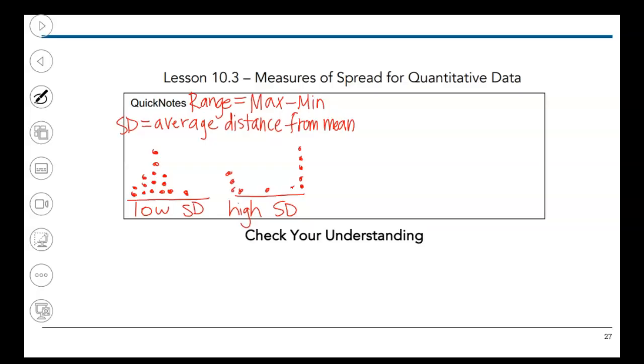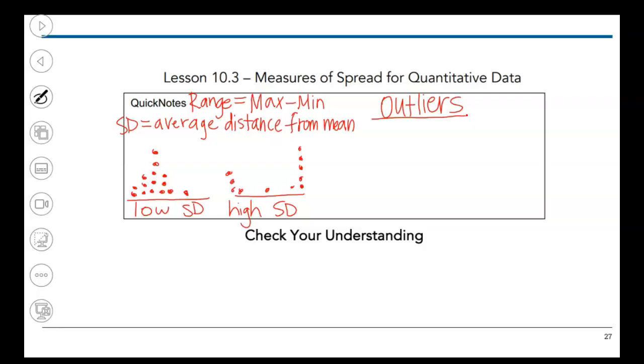The last thing I want to talk about is outliers. What is an outlier in statistics? When you hear that word, it gives it away, right? It's an extreme value.